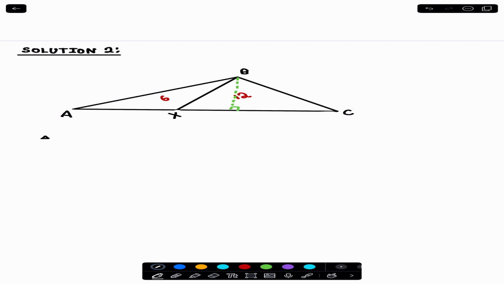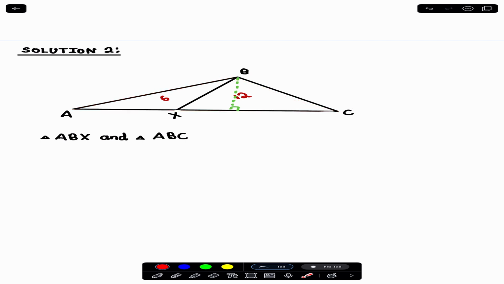Maybe you see the triangle ABX, and this time instead of CBX, maybe you see this big triangle ABC.